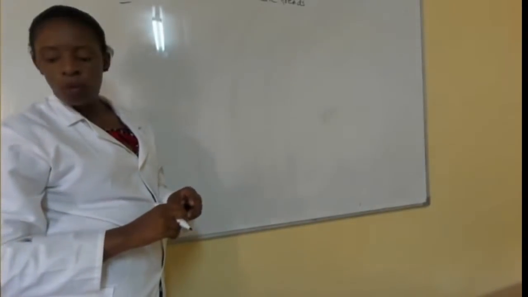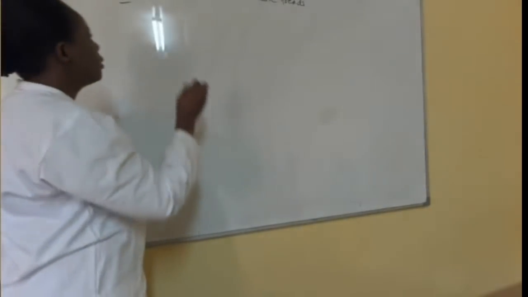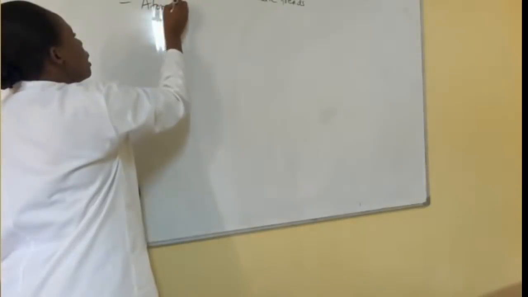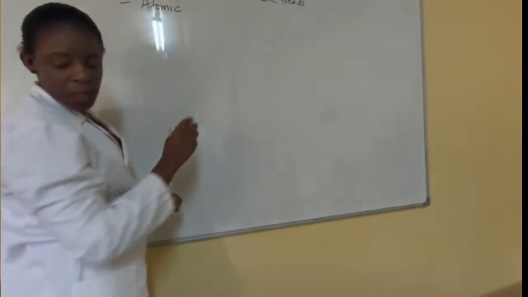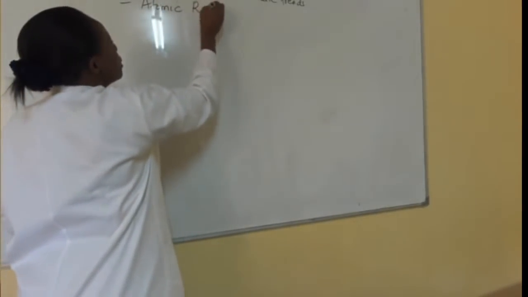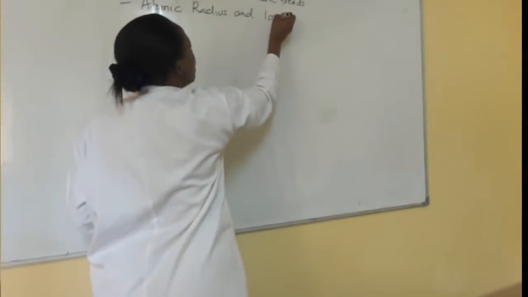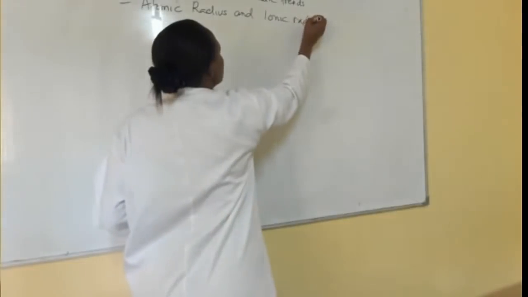So the trends we'll be looking at include the following. One, we look at atomic radius and ionic radius.